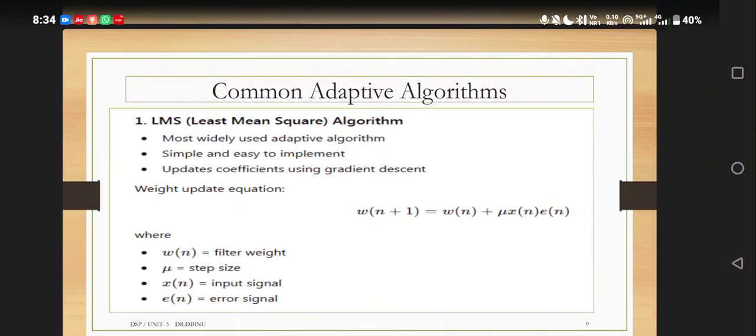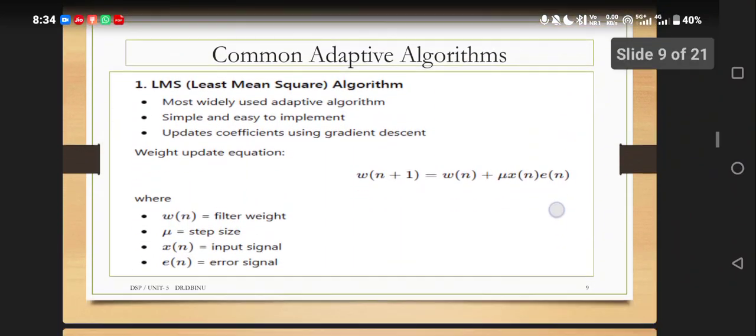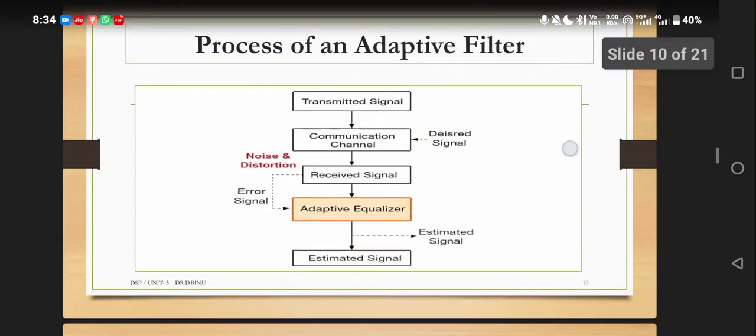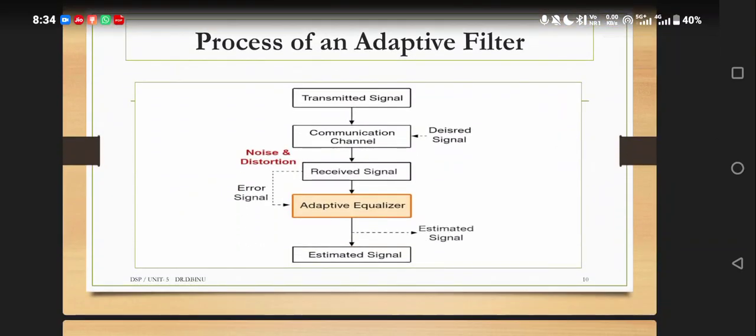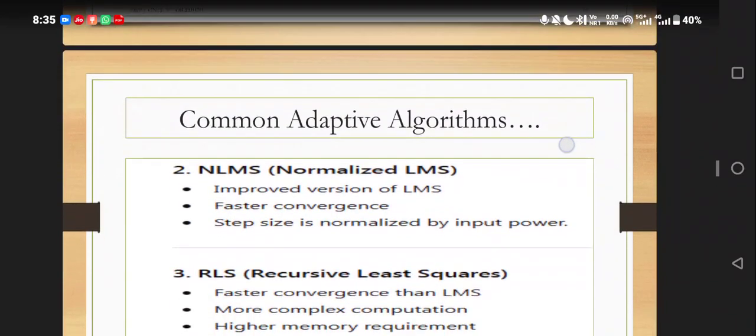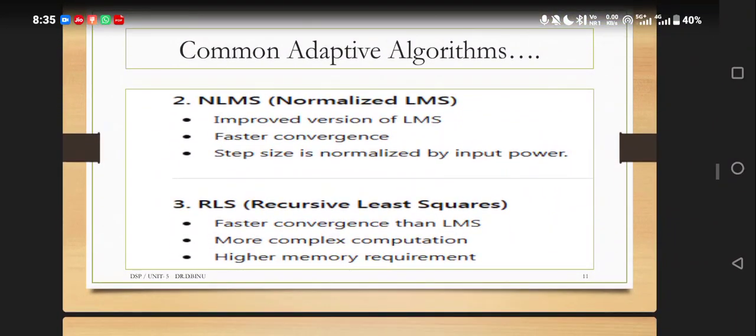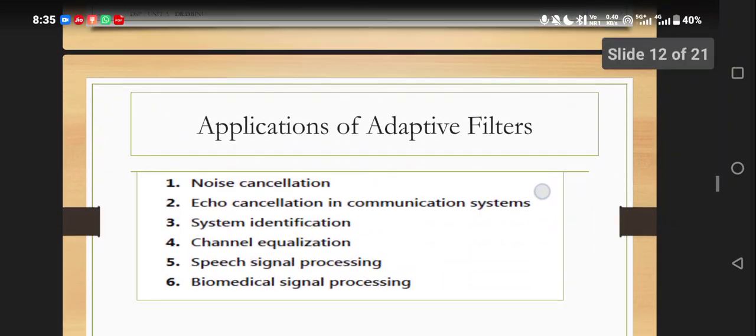Common adaptive algorithms are the least mean square algorithm. The process of the adaptive filter is represented as a flow diagram. The other adaptive algorithms are the normalized LMS algorithm and the recursive least squares algorithm.